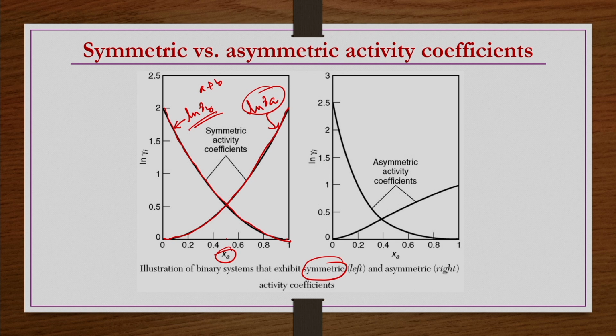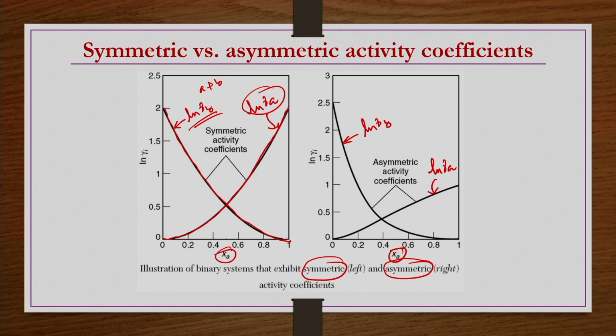But there are situations where the ln gamma B curve and the ln gamma A curve, when plotted against xA, are entirely different from each other, not mirror images. Those activity coefficients are known as asymmetric activity coefficients.